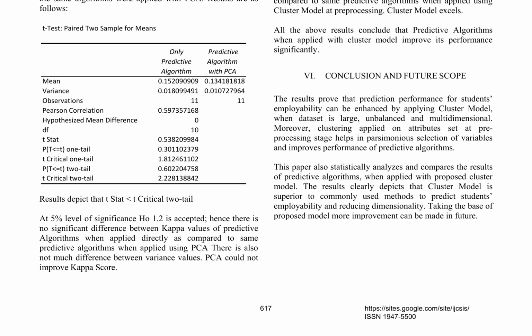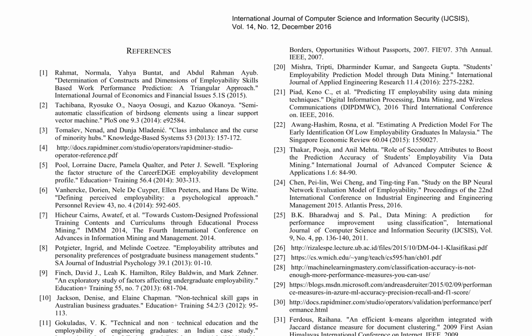employability predictions. The application of data mining techniques in predicting graduate employability has been increasingly recognized as a valuable tool for enhancing prediction accuracy. A multitude of studies have utilized various data mining algorithms, such as decision trees, neural networks, and clustering methods, to analyze factors influencing employability. These studies emphasize the importance of considering multiple attributes, including both technical and non-technical skills, to improve prediction accuracy.